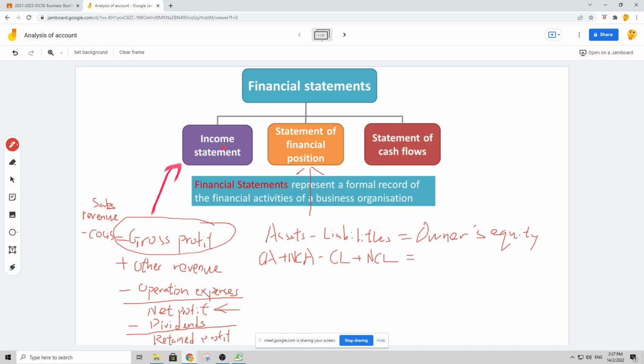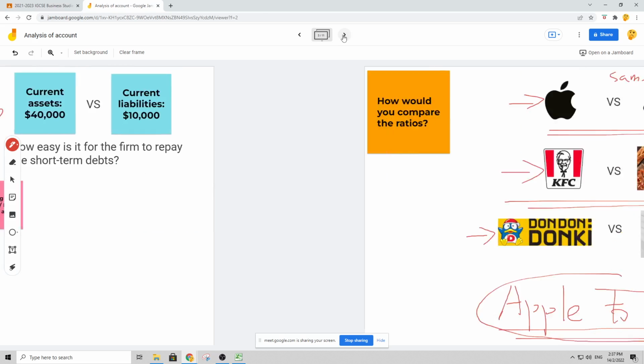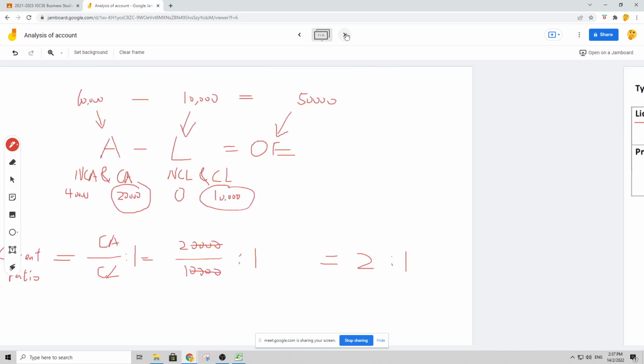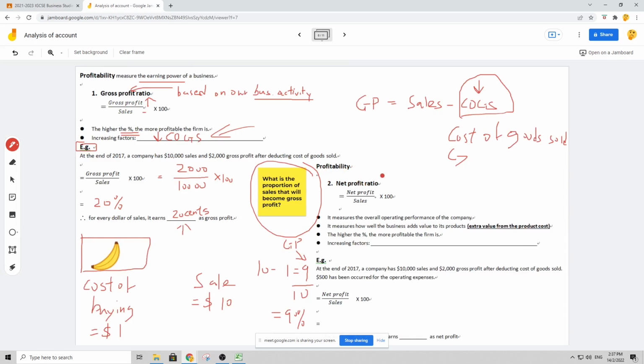So therefore, if you already understand this concept here, then we have another ratio, and we call that net profit ratio. Net profit ratio is very similar to gross profit ratio, except it will give you a clearer picture to find out the general performance of a company, because now you don't just focus on the business activity itself.